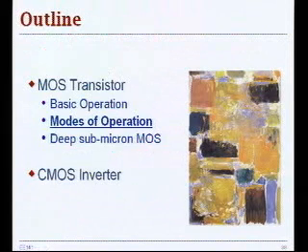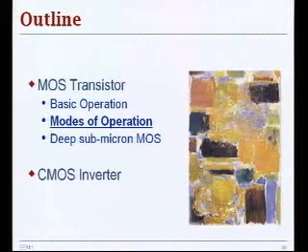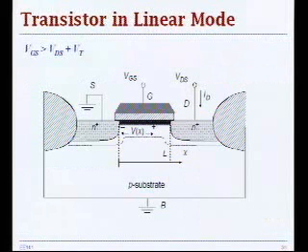And so now let's analyze modes of operation now that we understand the principle of MOSFET basic operation. So we have basically two modes that we really care about. So this is linear mode or resistive mode and saturation mode. So for this linear mode, the gate to source voltage has to be greater than VDS plus VT.